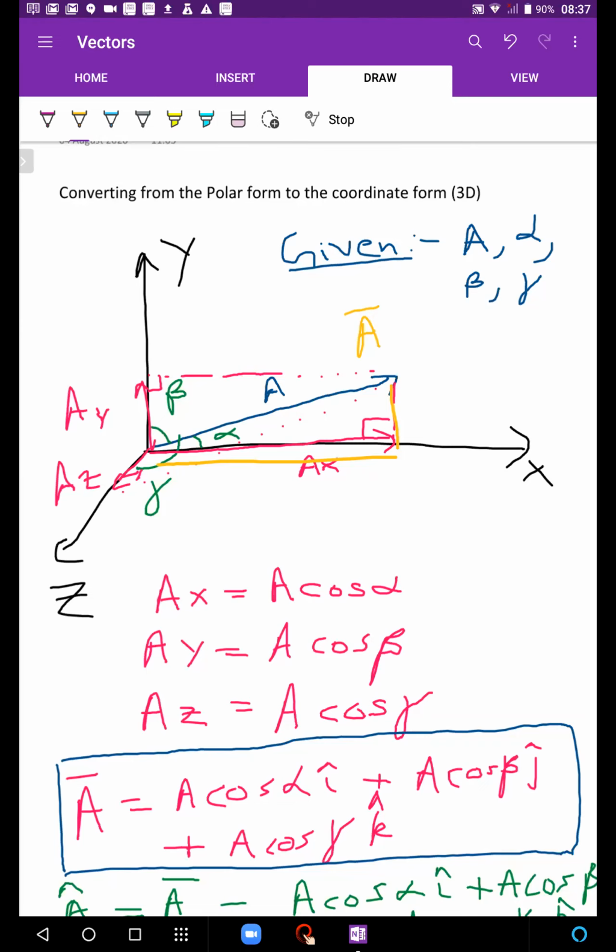Isn't component found by taking the hypotenuse, and if your component is adjacent to theta, multiplying the hypotenuse with cos theta. अब इस केस में क्या हो जाएगा? Ax is adjacent to alpha, so Ax is A cos alpha. Any doubt in this equation?